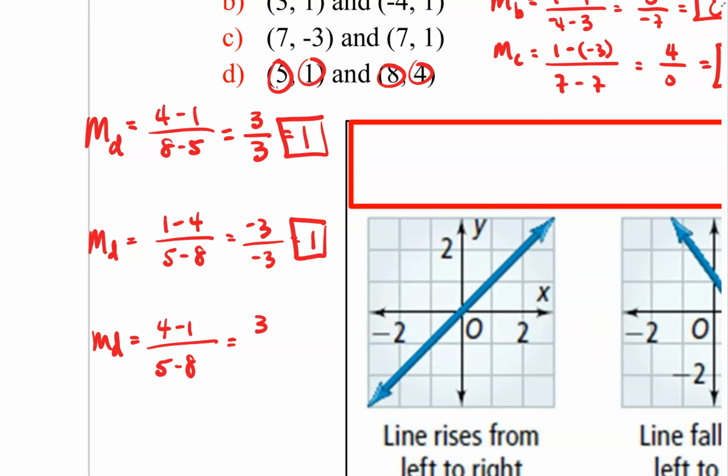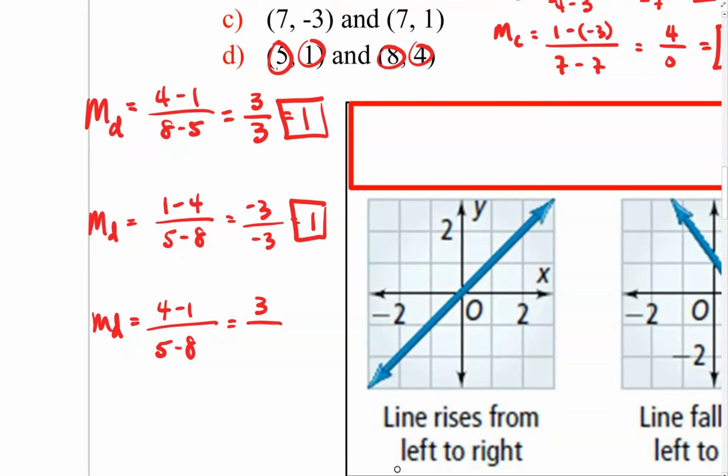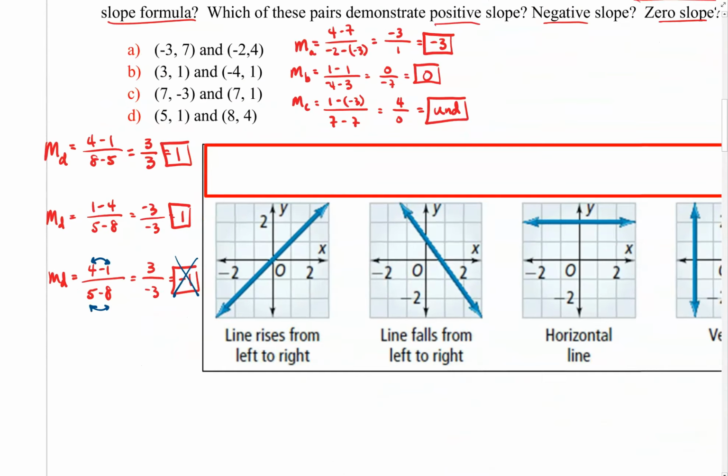Now that's going to be a problem for us, because now we have 3 over -3, and that's going to reduce to -1. That answer is incorrect. The slope between those 2 points certainly is not -1. We could verify that with a graph if we need to, but the point here is that while order doesn't usually matter, we do want to make sure that we subtract in the same order relative to the coordinates that are provided.